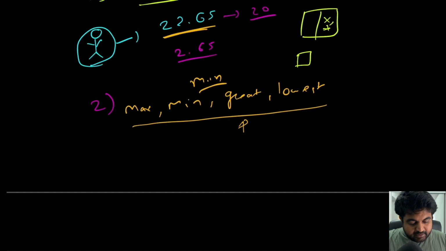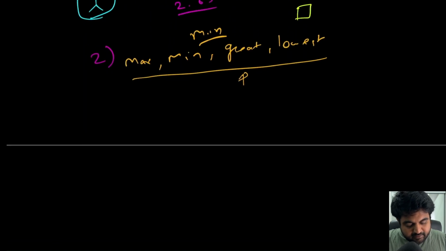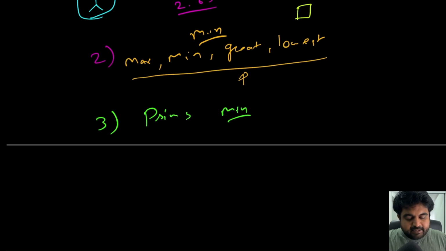A very popular example is a very famous algorithm called Prim's minimum spanning tree algorithm, and I have done a separate video on this, which you can find elsewhere.